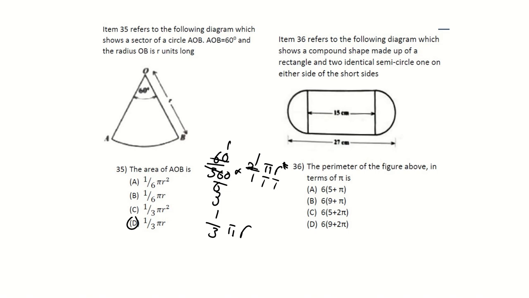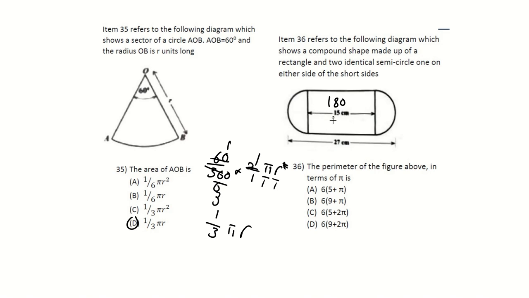This question here, we also did it. Item 36 refers to the following diagram, which shows a compound shape made up of a rectangle and 2 identical semicircles. I'm not seeing the option, but this was 180.